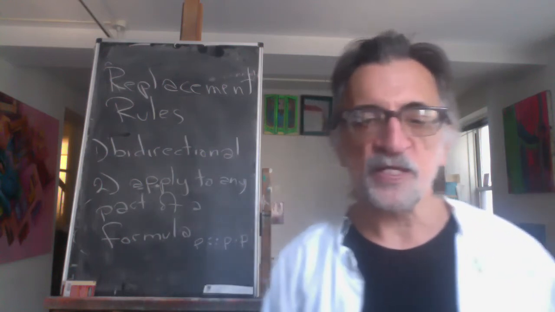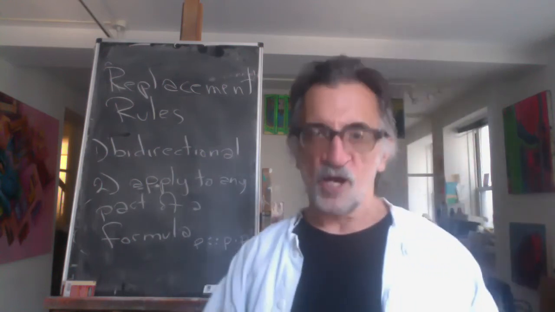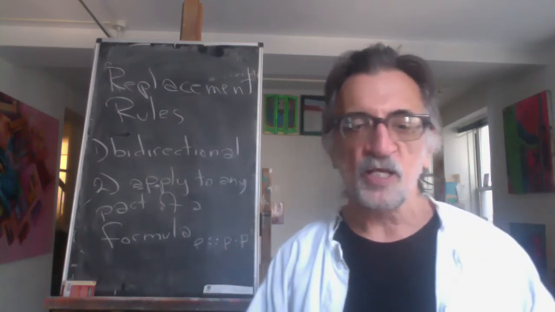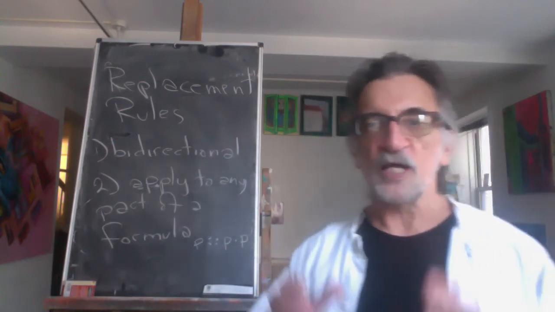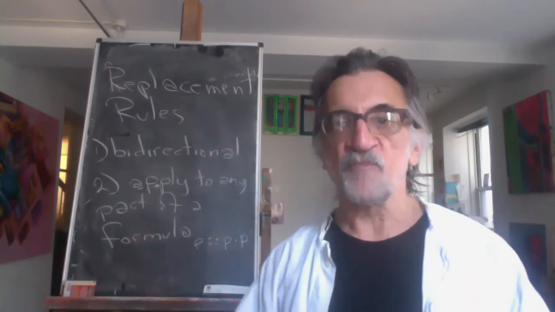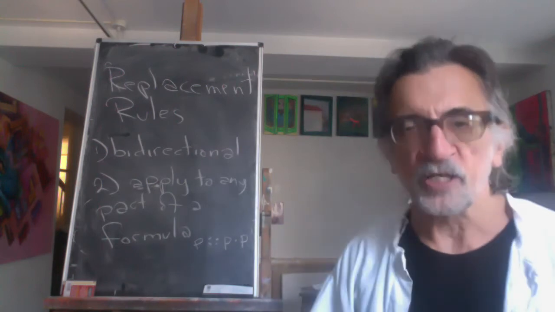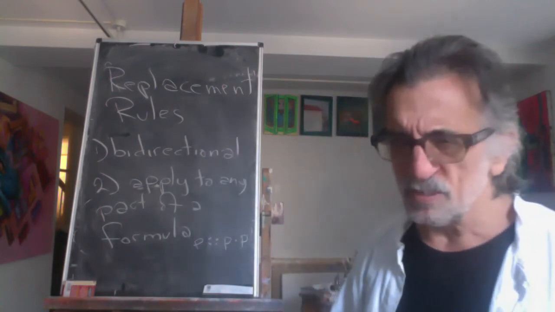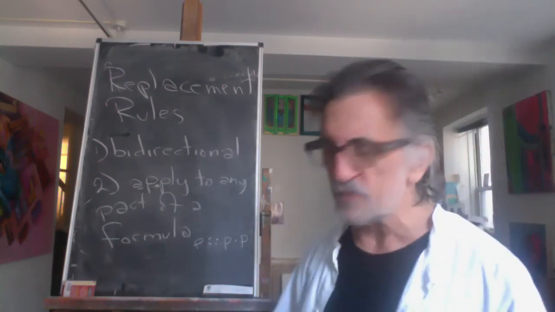If you'll pardon the analogy, if inference rules are like the rules for deboning a chicken, replacement rules are the kinds of rules that would let you debone a chicken and then turn around and put the bones back into the chicken, which is a kind of skill there's usually very little demand for.